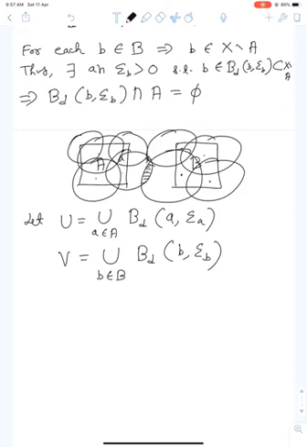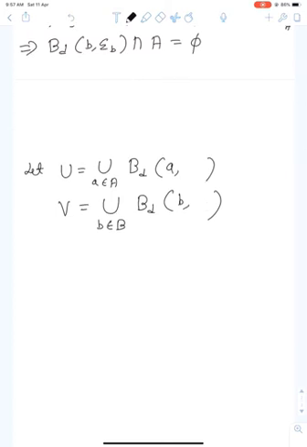So how do we choose this kind of open set? Now we have to apply one trick. Instead of epsilon_a, we will choose epsilon_a by 2. Then it will work. Okay, let's see how it will work. So we will choose this as epsilon_a by 2, and this as epsilon_b by 2.